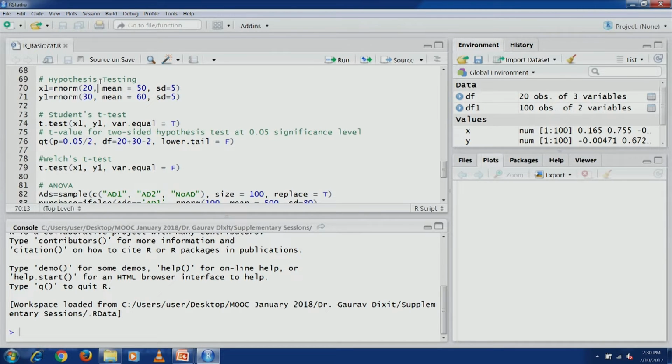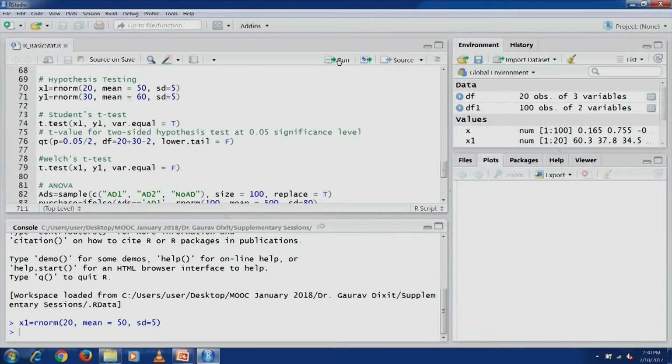So, rnorm, again we want 20 observations with mean being 50 and standard deviation being 5, and y1 is corresponding to the second population. We want 30 observations here, with the mean being 60 and standard deviation again 5. Because of the assumptions related to student's t-test, we have kept the standard deviation value the same while creating these two populations or samples.